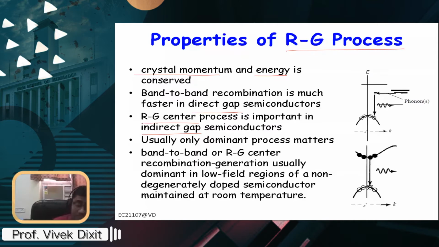Is it that in a direct band gap only band to band recombination takes place, and in an indirect band gap only trap assisted recombination? No, all the processes are possible in all semiconductors, but the dominant process matters. So band to band recombination is dominant in direct gap, and trap assisted recombination is dominant in indirect gap semiconductors.